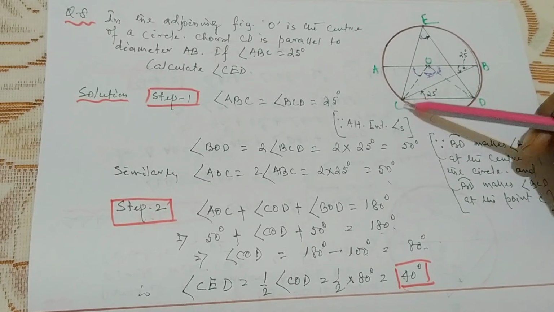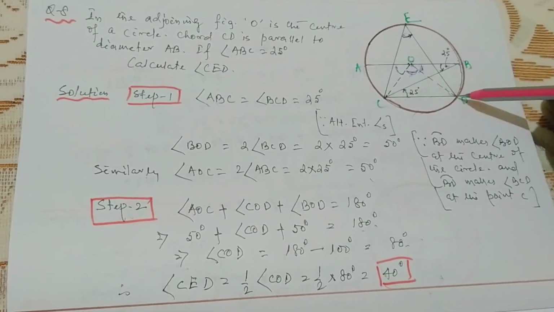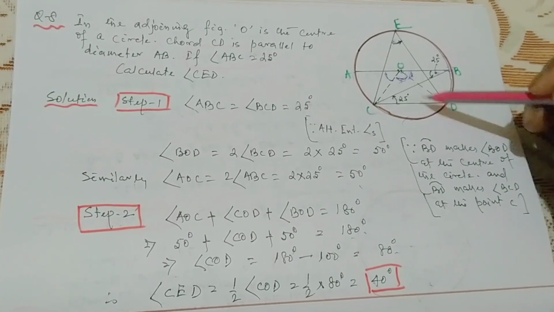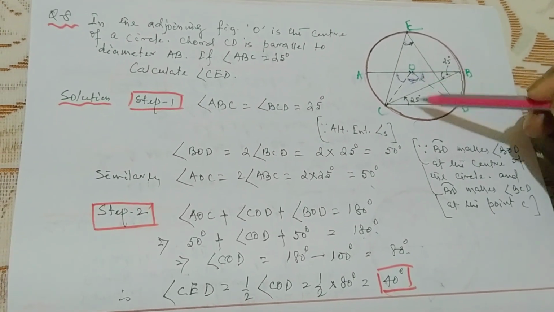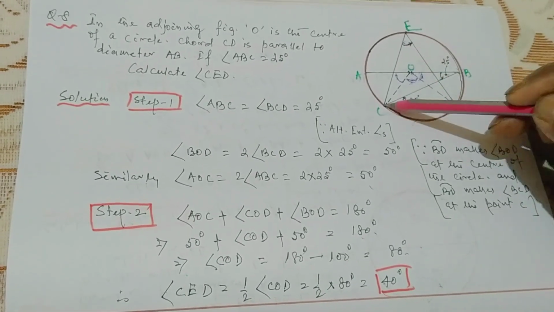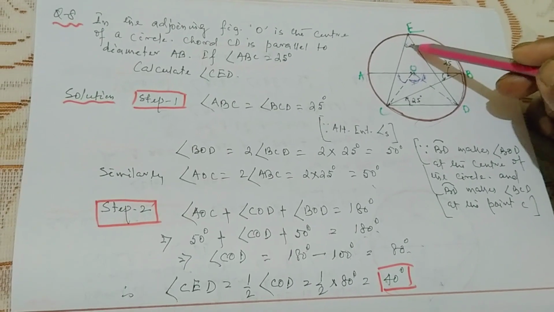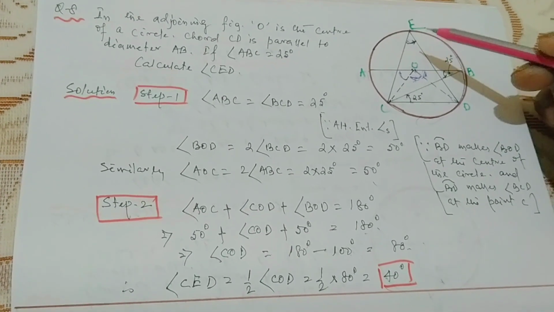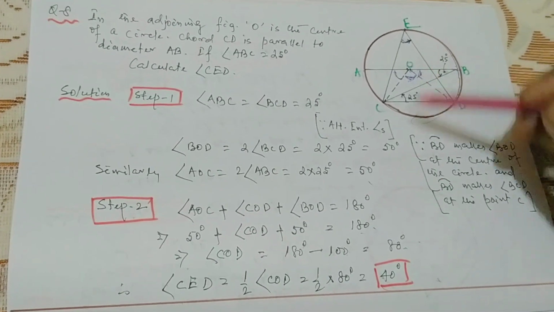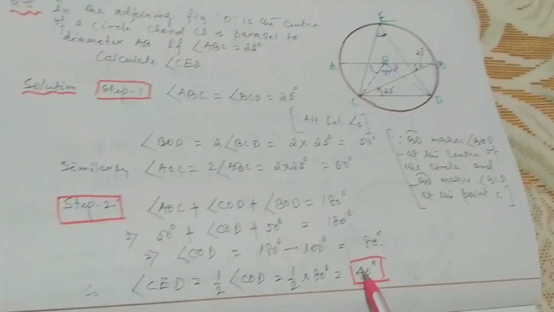Angle COD is formed by the minor arc CD at the center of the circle, and angle CED is formed by the same minor arc on the circle at the point E. That is why the value of this angle is half the value of the angle at the center. That is why the value of this angle CED is equal to 40 degree.